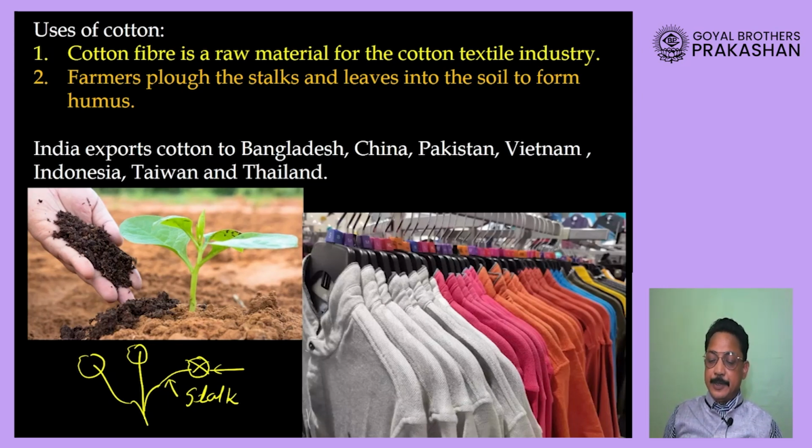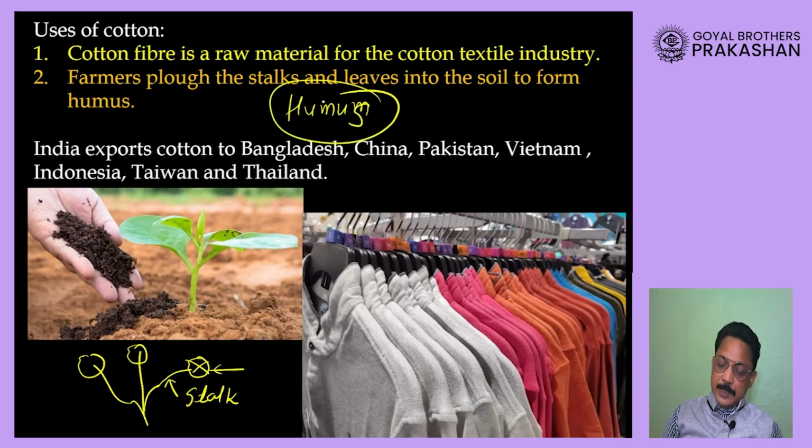Otherwise, you can take this stalk, dear student, and convert it into humus. That means you will decompose this stalk and the leaves and convert it into humus, which is nothing but organic fertilizer, which is very good for growth of plant.